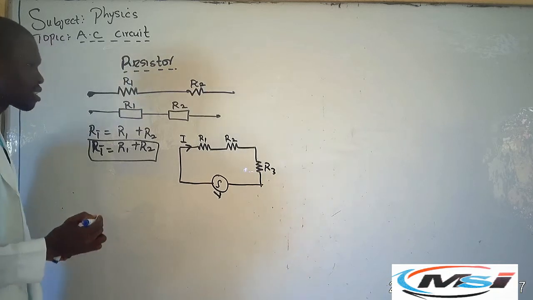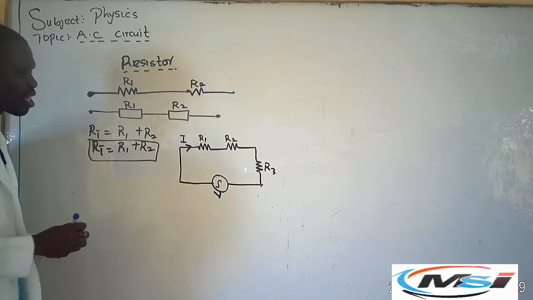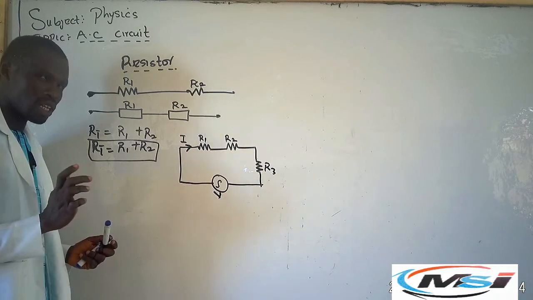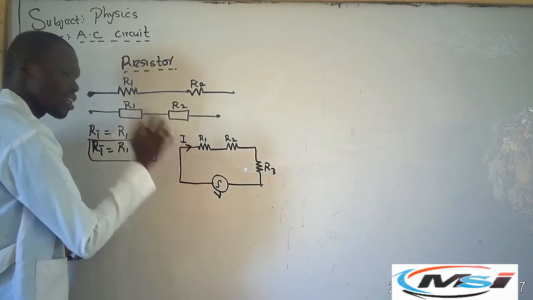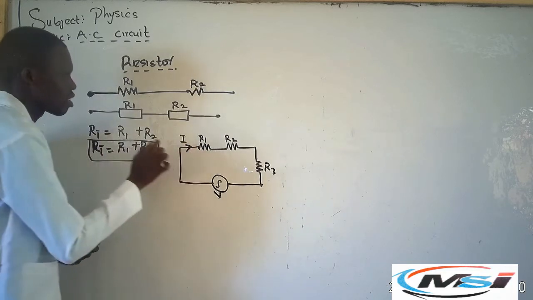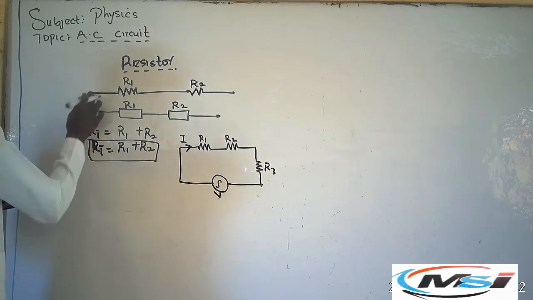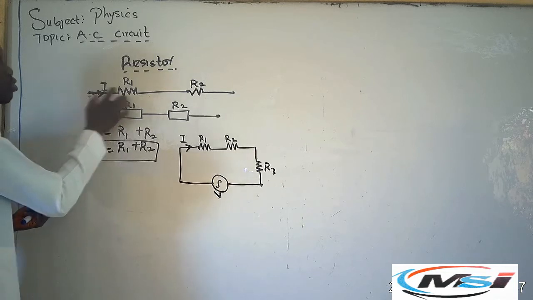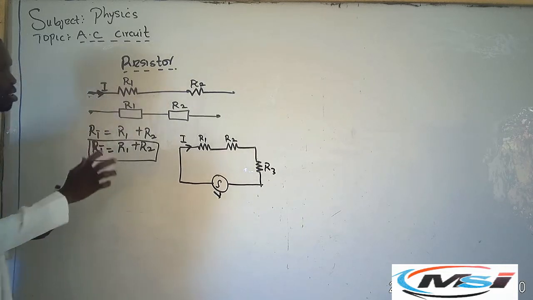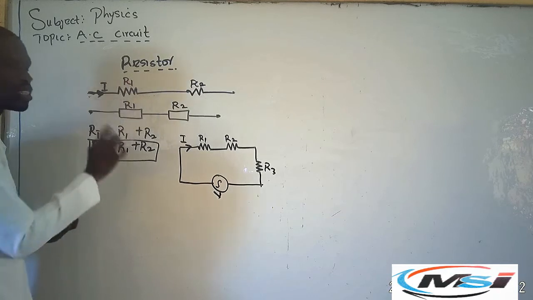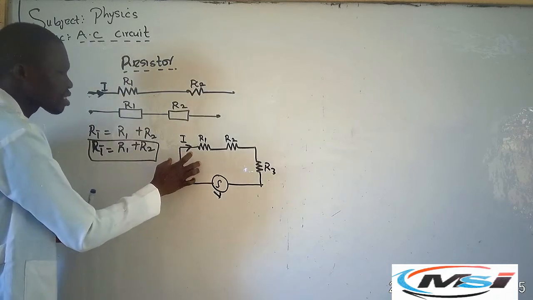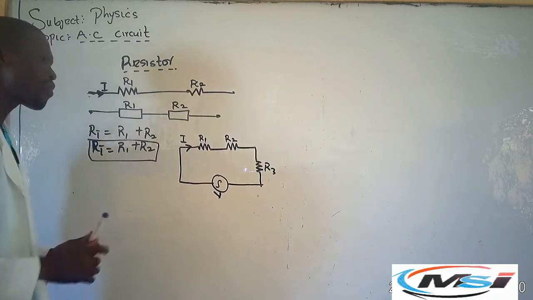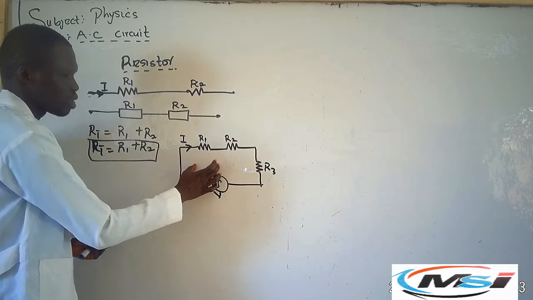In resistance in series, the same current flows through the circuit. Take a look at that. The same current flows through this circuit. The same thing happened here. The same current flows through this circuit because this circuit is connected in series, but different voltage flows through this circuit.